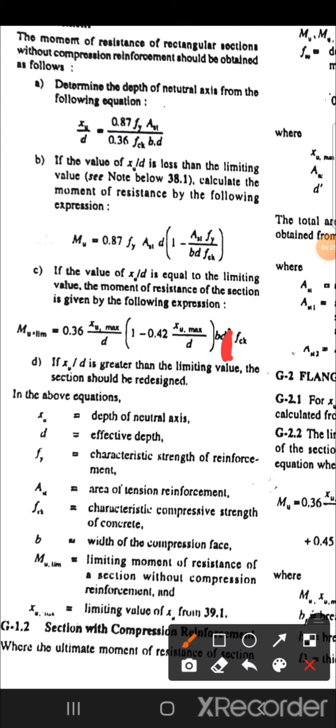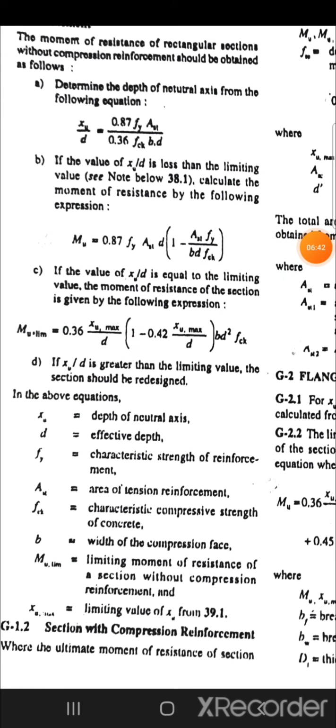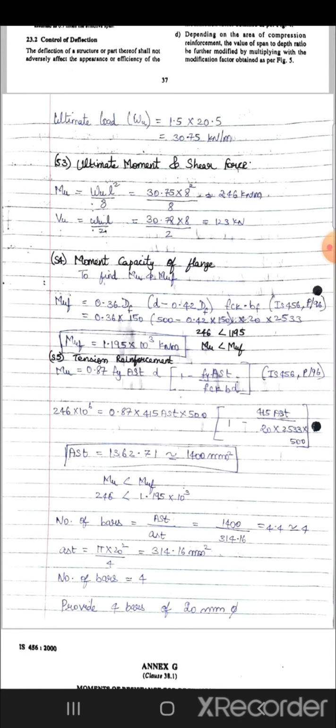So we must take D square and 1 is changed as D. XU max is taken as DF. This is just to remind you of the formula if by chance you have forgotten it.